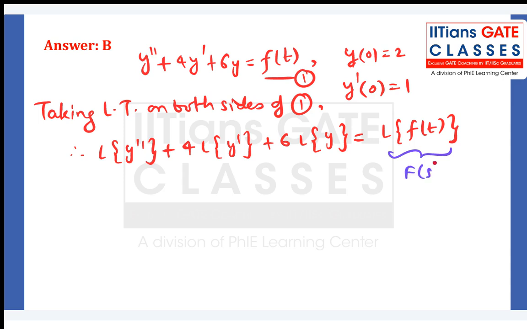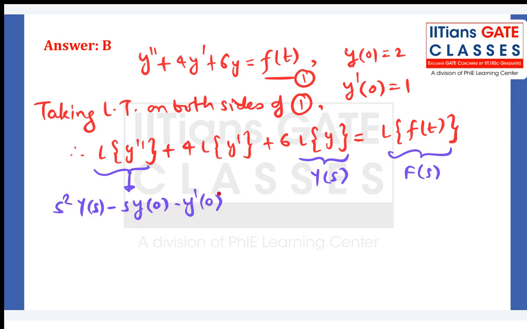This is capital Y of s, and there are some standard properties for the Laplace transform of derivatives, which we have seen in our regular classes. This is written as s square into capital Y of s minus s into small y of 0 minus y dash of 0.